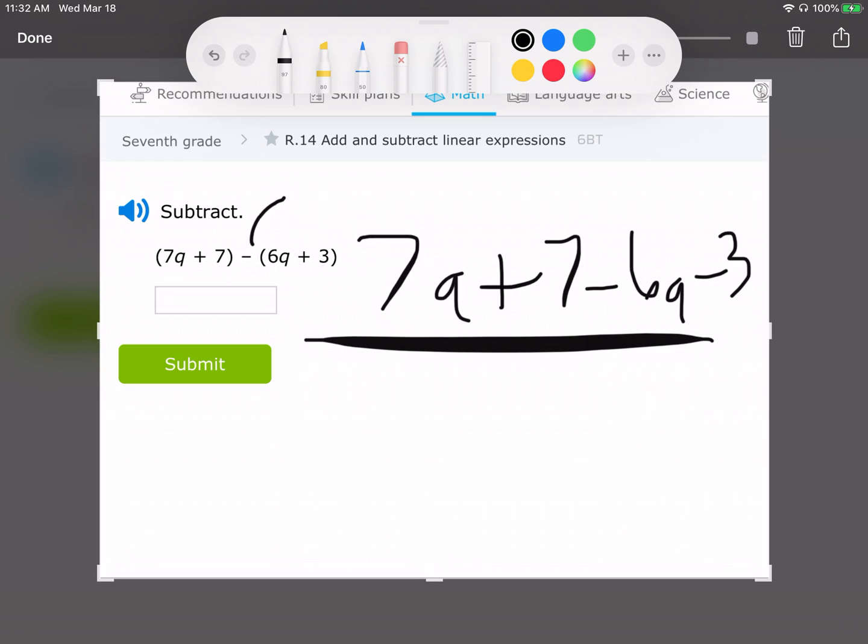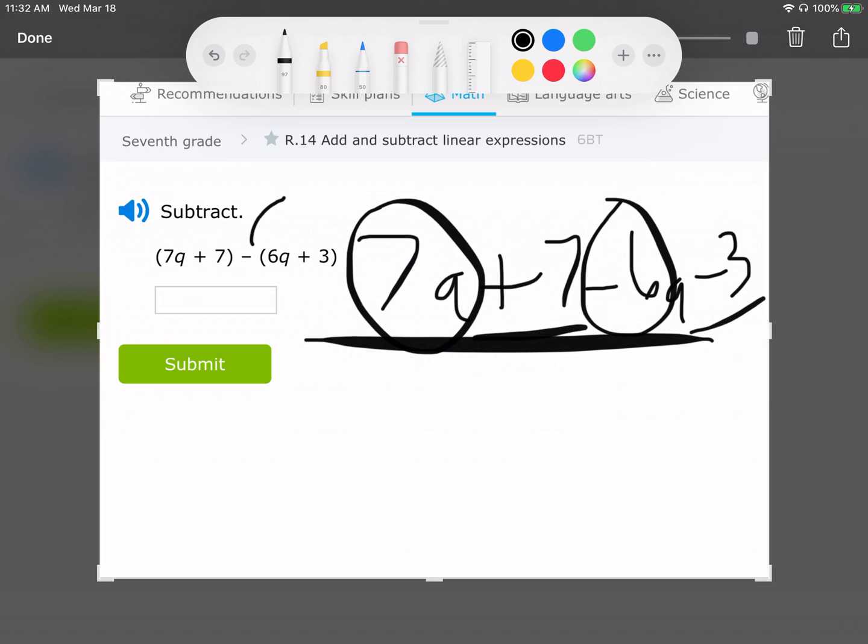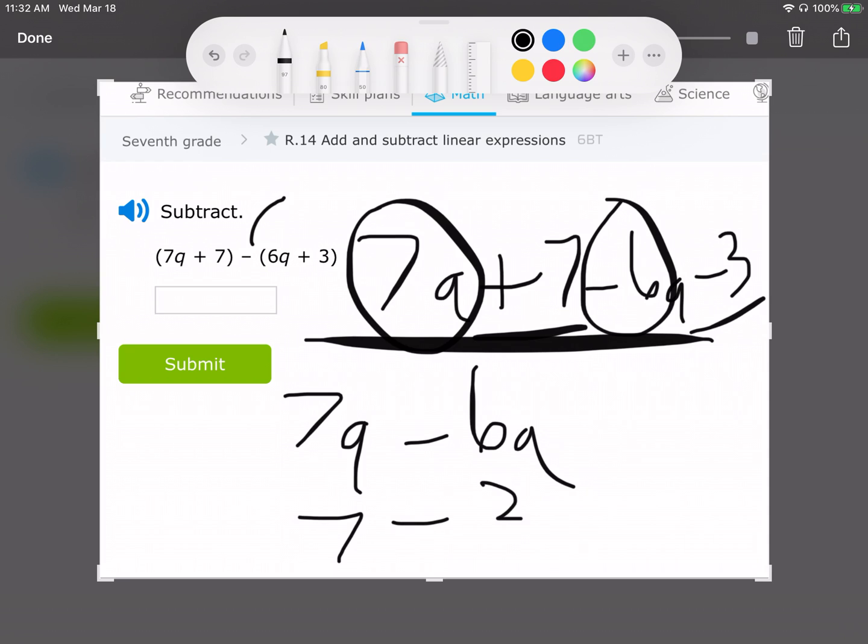Then I can say 7q minus 6q, or negative 6q, and a 7 and a negative 3. Another way to look at this, like we said a second ago, is from the first parenthesis I have 7q, minus in the middle 6q, and a 7 minus a 3. You may look at that a little differently. So this ends up being 1q and then 4.